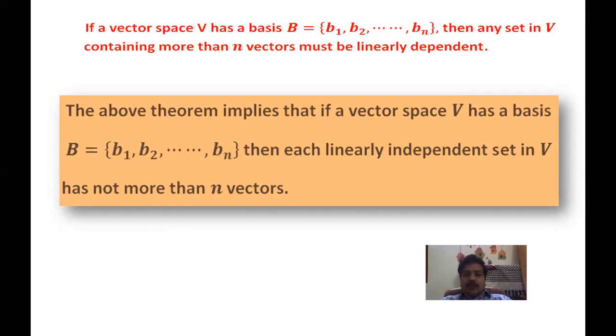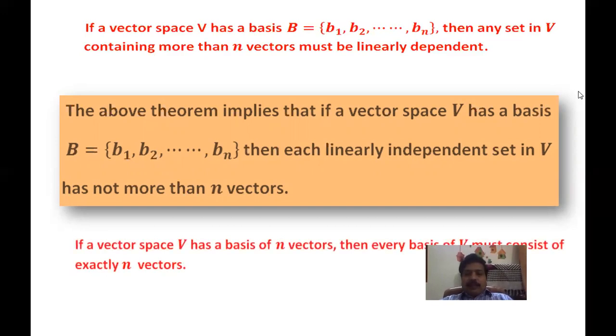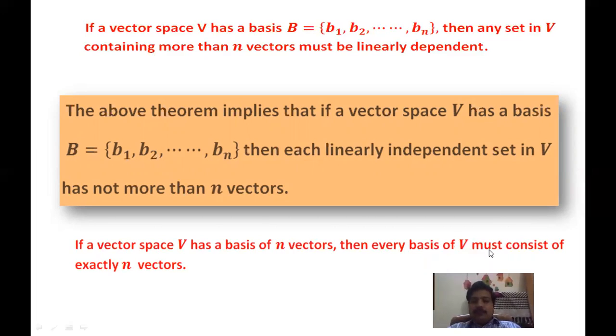So whenever you have a basis with n elements, you can't find a linearly independent set with more than n vectors. And if a vector space has a basis with n vectors, then every basis of the vector space must consist of exactly n vectors. That is, all the bases of a vector space V have an equal number of vectors.